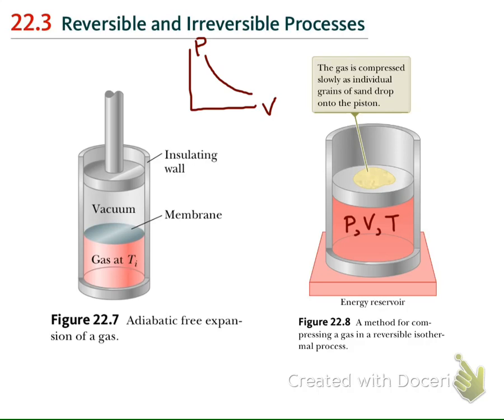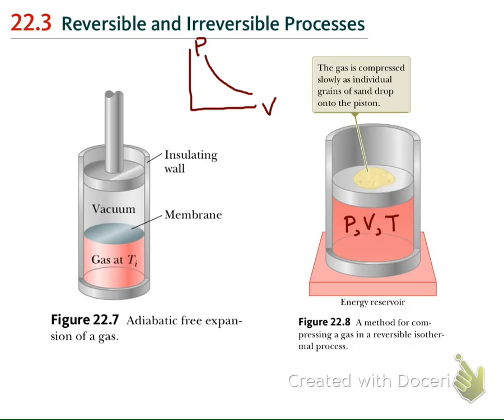For example, here, if we have a piston and inside the cylinder is a gas, and above we put some sand above the piston. If we take away the sand, very small amount of the sand, it means that we reduce the pressure on the piston and the gas will expand.